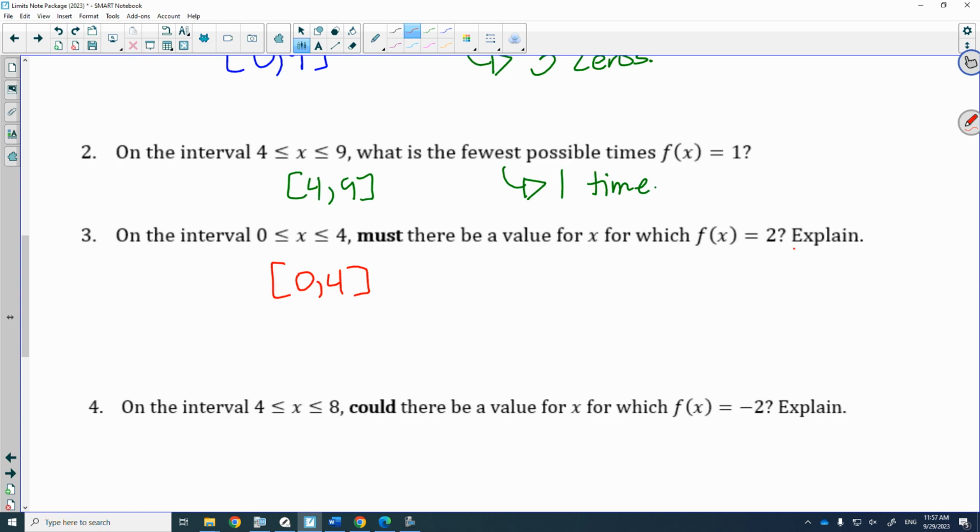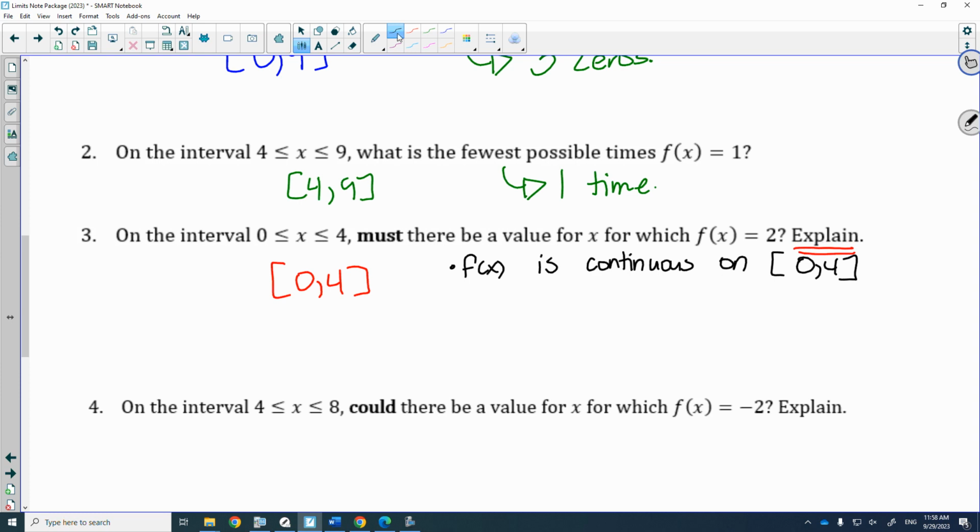Because it says the word explain, this is what we're going to write. We always start with f of x is continuous on the interval 0 to 4. We were told that in the initial question.